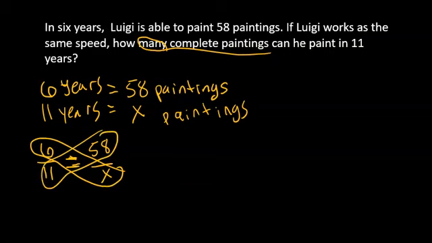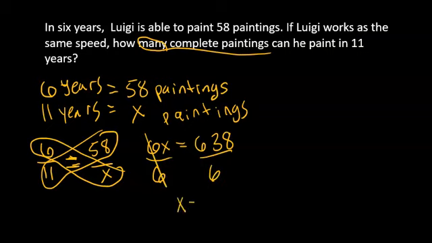So I have 6x equals 11 times 58, which is going to be 638, right? But I got to get that x by itself. So I'm going to divide by 6 and 6. What does that give me? It actually gives me 106.3, right?